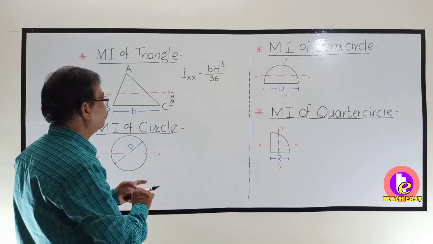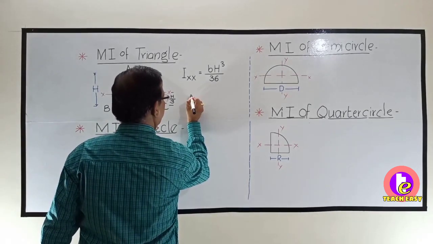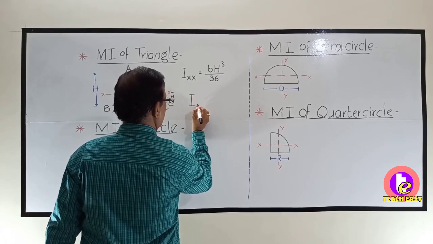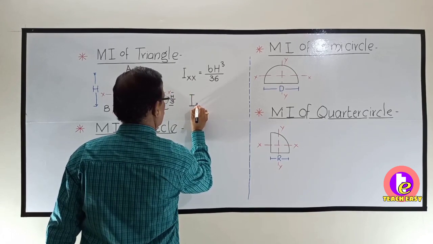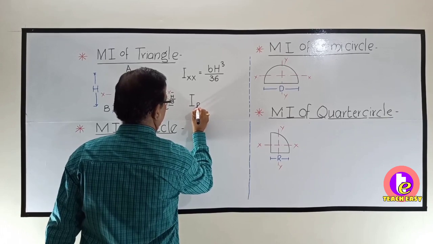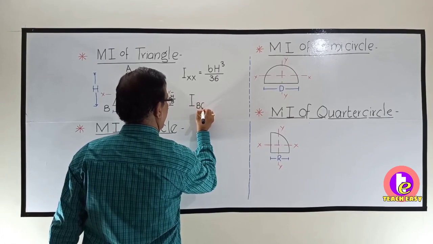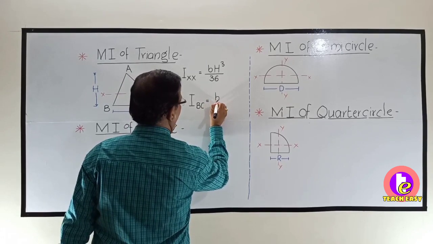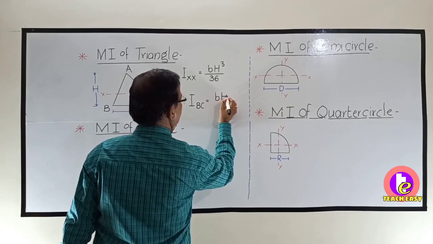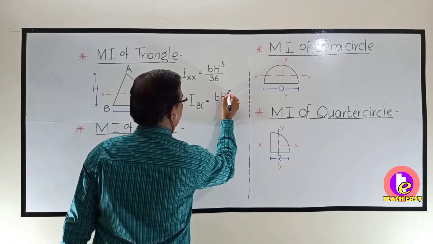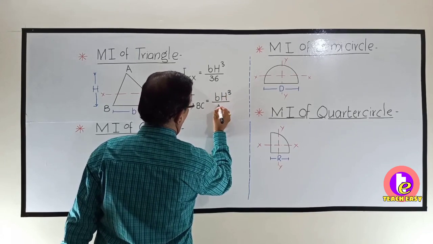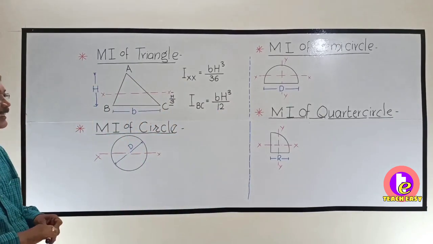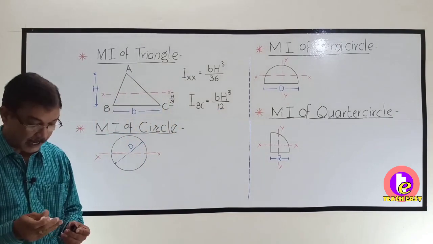If we use this formula, we get the expression for moment of inertia of a triangle about the base BC, which is equal to b into h cube divided by 12, where b is the base of the triangle, h is the height of the triangle.